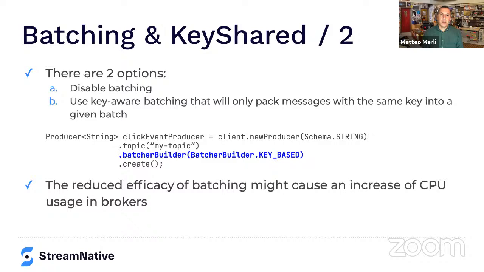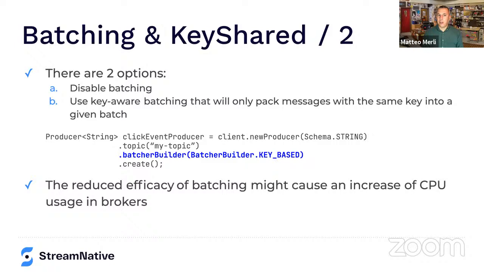The other option is to use key-aware batching, which will only put messages with the same key into a given batch. Now, here your mileage might vary wildly, in the sense that depending on how many keys you have and your traffic distribution, it might help you a lot, or it might help very little.